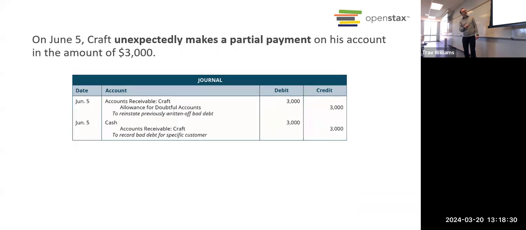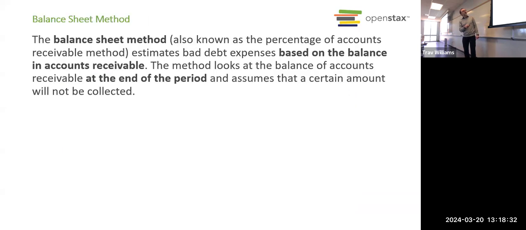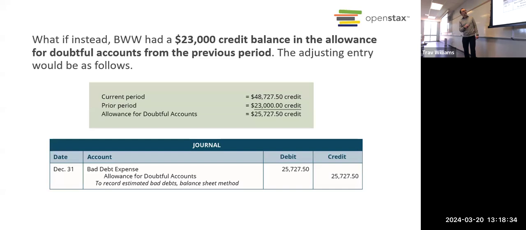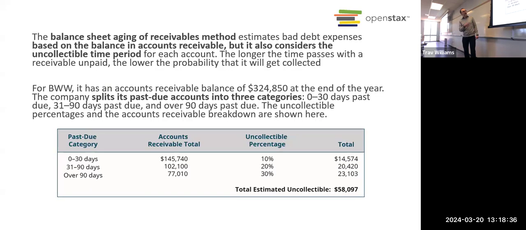All right, so a lot of this is just examples. We can skip past those. This was the aging method where, again, they've broken their accounts receivable down into categories. You get to pick how many categories you think are appropriate, what time period they should cover. And once you set up those categories, then you can just find out what's the total amount that your customers owe you in each of those categories.